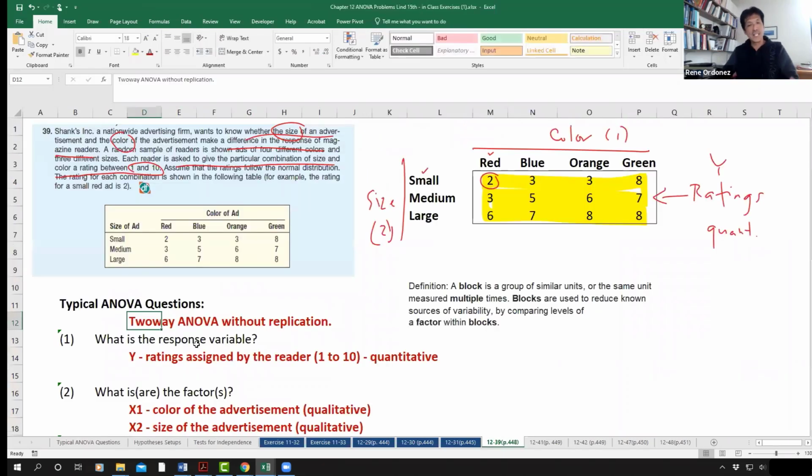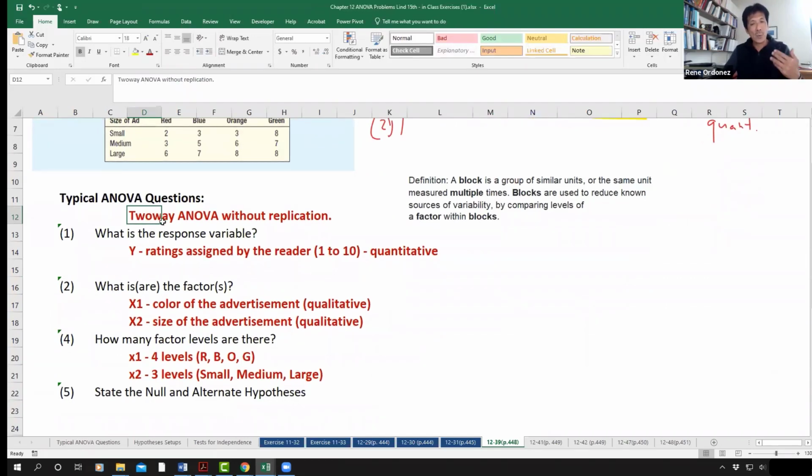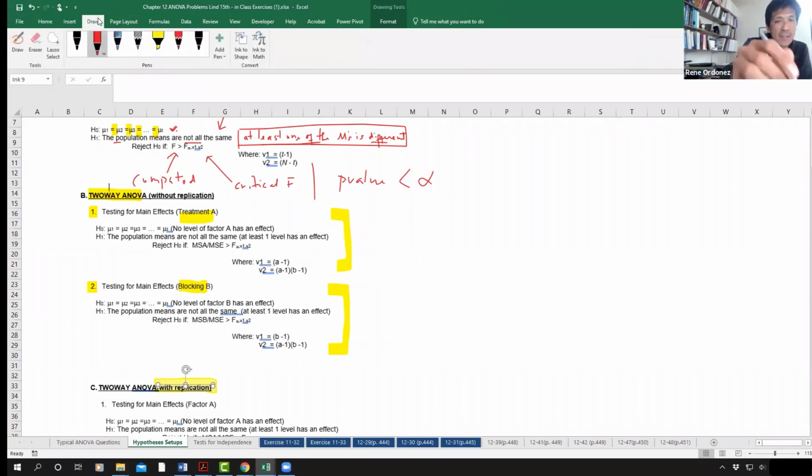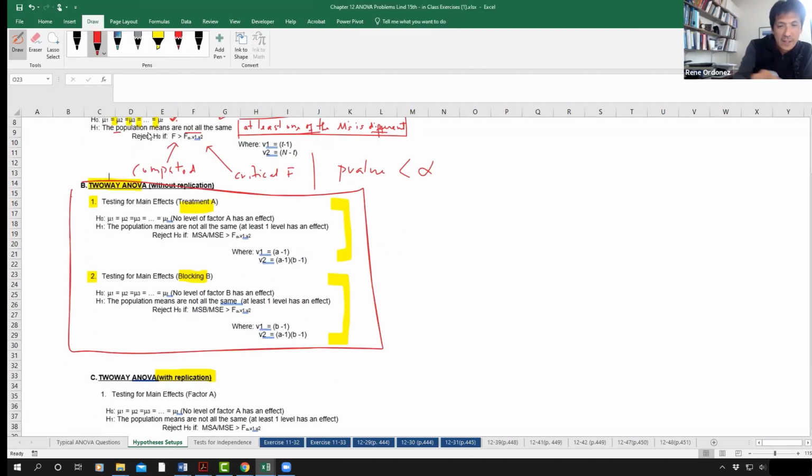All right, so we said this is a two-way ANOVA without replication. And when you have this, the hypothesis setup boils down to a test of hypotheses of the treatment A and the blocking factor.